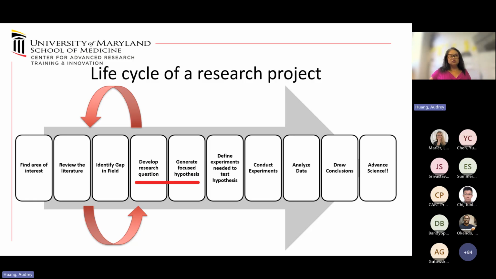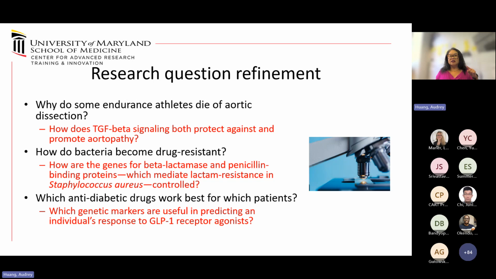And so that's where you need to start asking deeper and deeper questions and start refining the research question, especially for your grant. So in the field of athletes and aortic dissection, it turns out TGF beta signaling is very important for vessel health and vessel integrity.